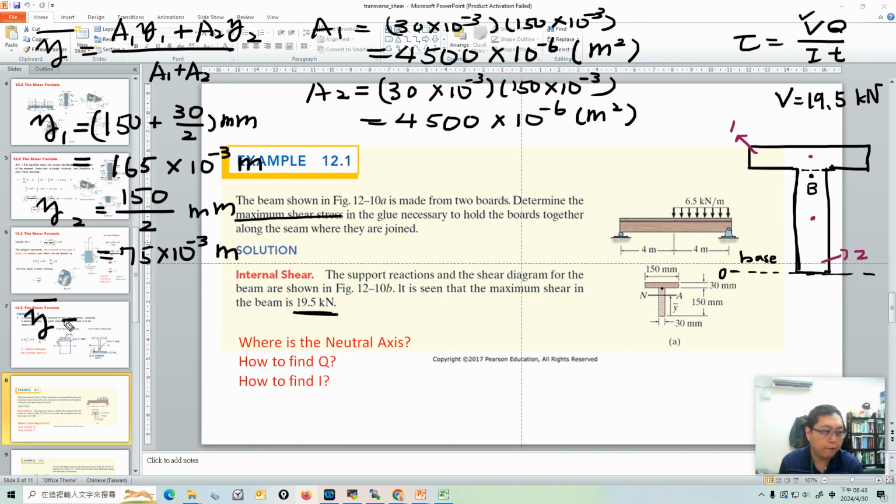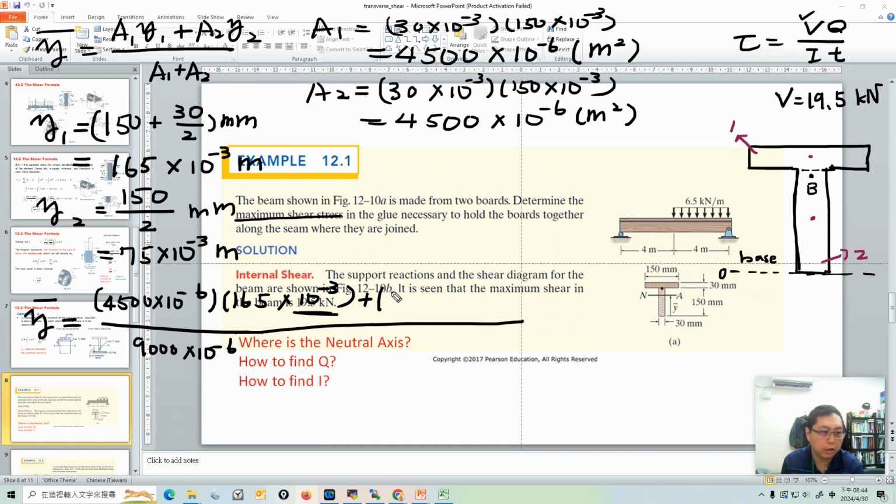So you just put everything together. A1 plus a2 is 9,000 times 10 to the power minus 6. A1 is 4500 times 10 to the power minus 6, and y1 is 165 times 10 to the power minus 3. Here the same thing, 4500, and 75 times 10 to the power minus 3.